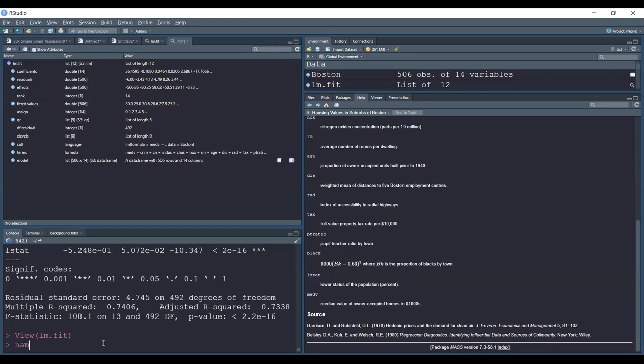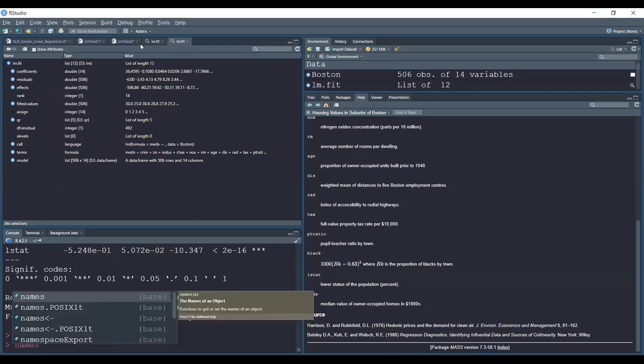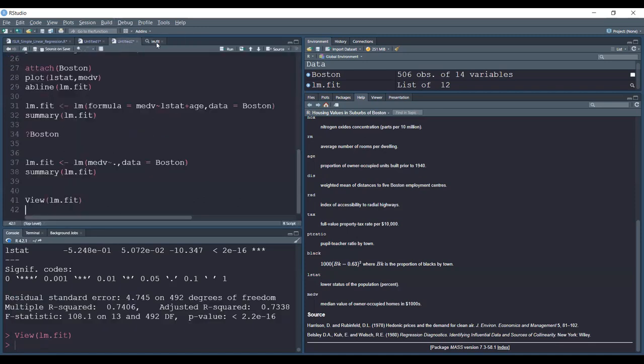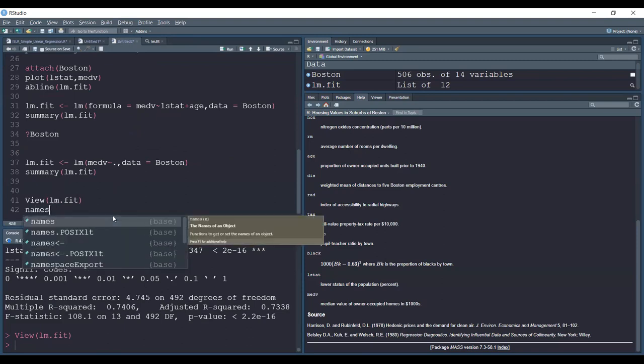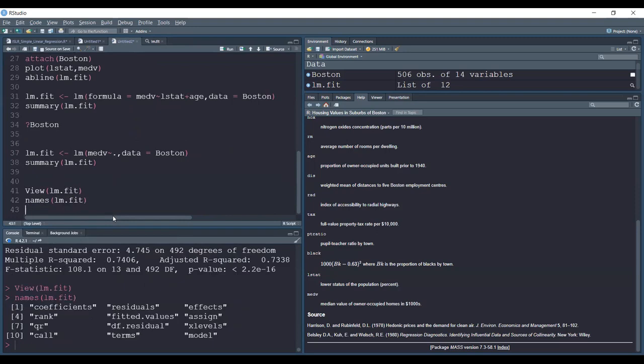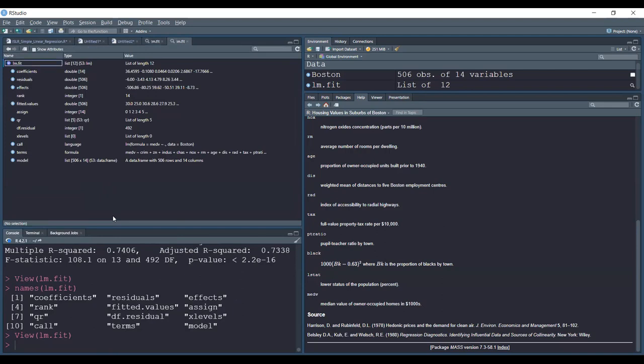Well, what if I typed names? You can type over there, but that's the same as what we had over here. It's just the left-hand column. So where is sigma? How would you know that this contains something called sigma?